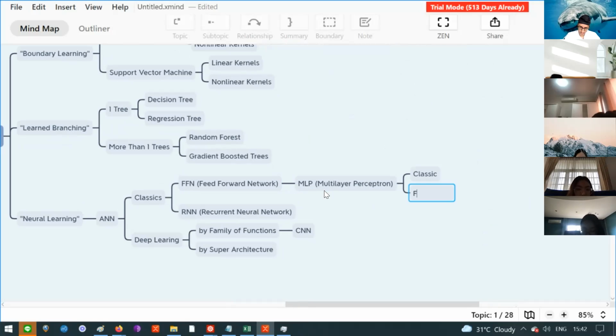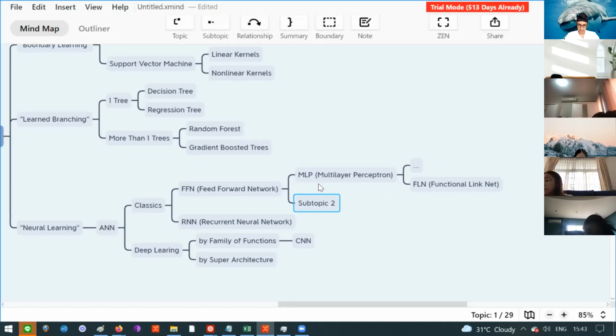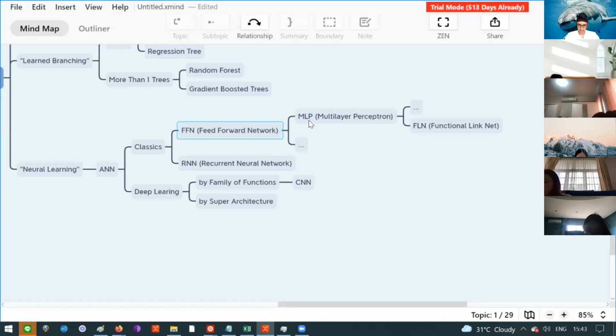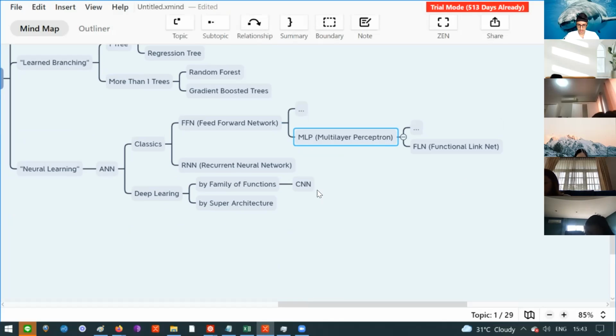Then you have functional. Sometimes they use LSTM, right? This is LSTM. Okay, and like that. Now you have this family of CNN.